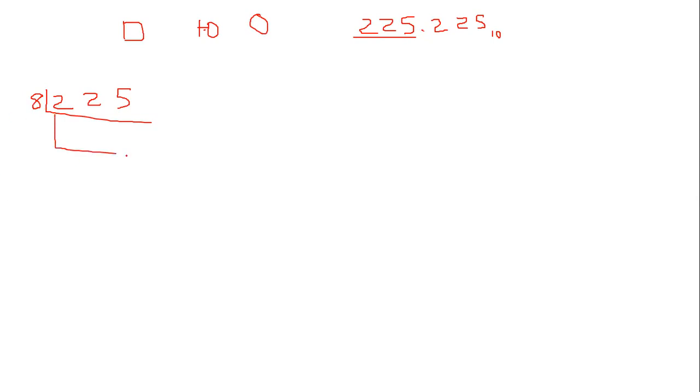So I am taking 28. 28 8s are 224. Given is 225, so the remainder will be 1.